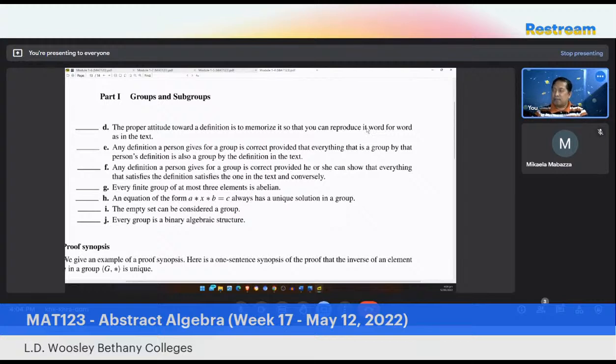Okay, letter F. Any definition a person gives for a group is correct provided he or she can show that everything that satisfies the definition satisfies the one in the text and conversely. So this is true. Okay, kasi may mga layman's definition ng group, but the definition should satisfy the textual definition or the lexicon definition. All right? So G, every finite group of at most 3 elements is abelian, true or false.